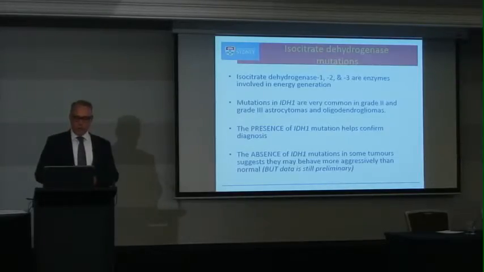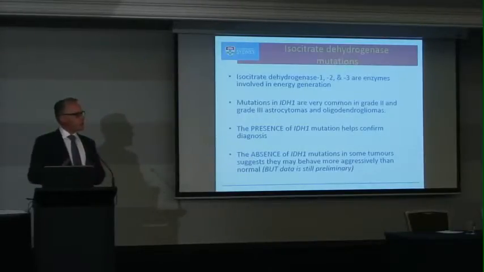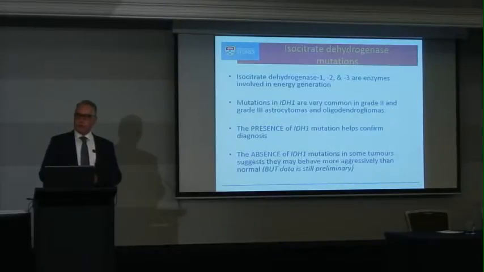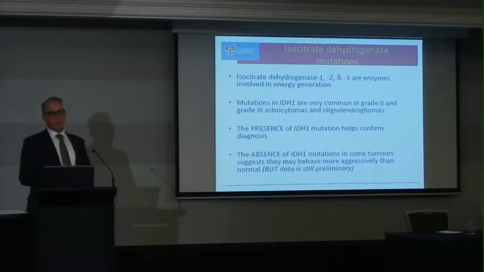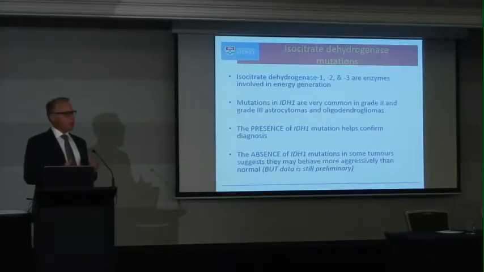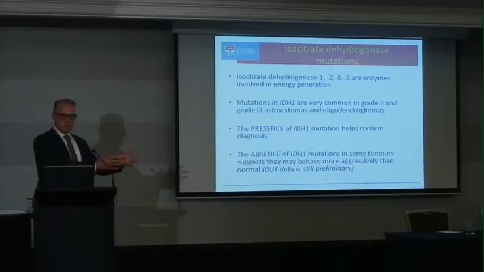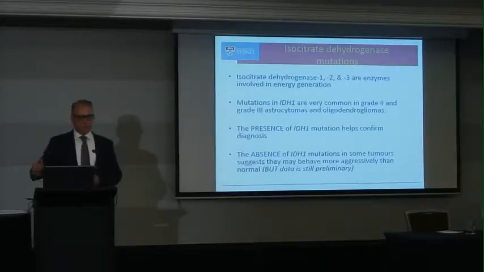So IDH mutations, they're very common in the grade 2 and the grade 3 astrocytomas and oligodendrogliomas. And we use them for two reasons. The main reason is it actually helps us make a diagnosis now. Sometimes in tumours that look a bit ambiguous down the microscope, if we're able to detect an IDH mutation, that'll push us, we know now this is definitely a grade 2 astrocytoma, it's not something else.